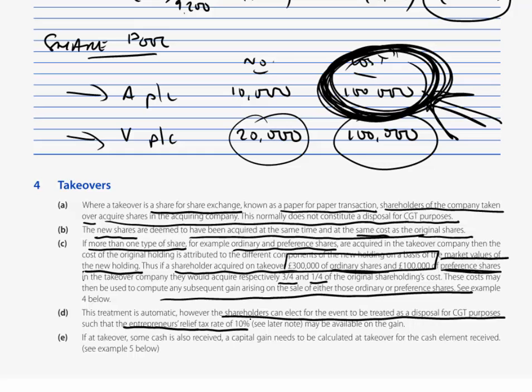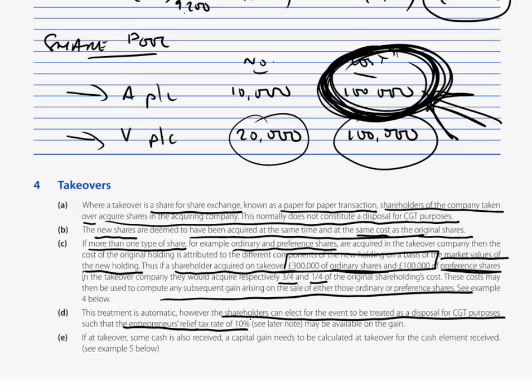So the reason why you might disapply the deferral and choose to crystallise the gain on Silver Limited at the time of takeover would in fact be because that gain may qualify for entrepreneur's relief, and you don't automatically get entrepreneur's relief, you have to qualify for it. So maybe the shares in Silver do qualify, so that gain, though taxed sooner, would be taxed at 10%, whereas you are a higher rate taxpayer.